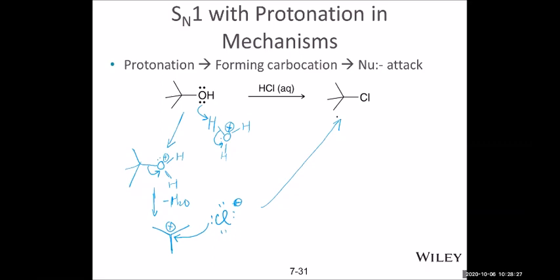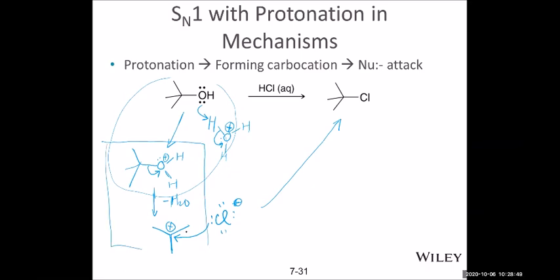So this SN1 reaction has one more step, which is the first step, protonation or proton transfer. This step is extra. The actual SN1 is the forming of the carbocation here.